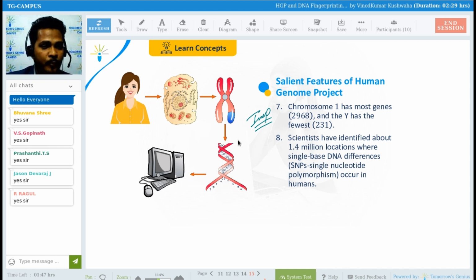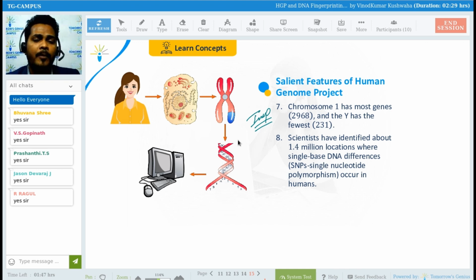You know chromosome 1, chromosome 2, chromosome 3. How many chromosomes do we have? Total 23 pairs, and in a karyotype the numbering is chromosome 1, 2, 3, 4, 5, 6, like that till 23. Yes or no? Out of these, chromosome 1 has the most genes, about 2900.